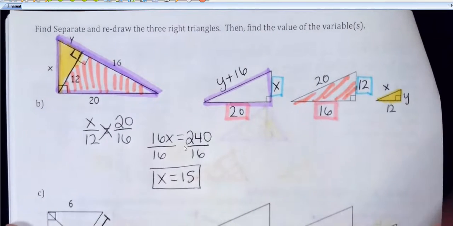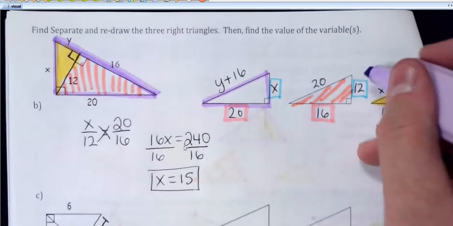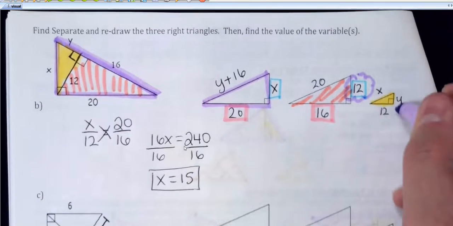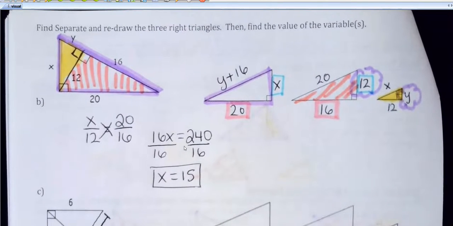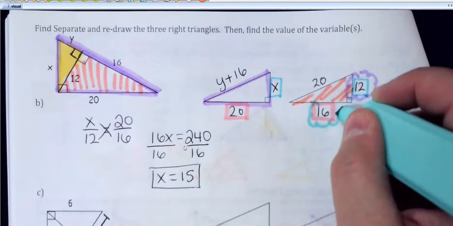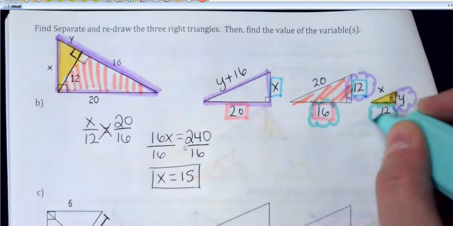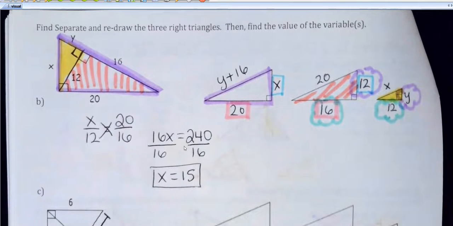Sorry, I'm kind of garbaging the diagram up here, but I'm just using the baby triangle and the medium triangle. I'm going to try to find y here.